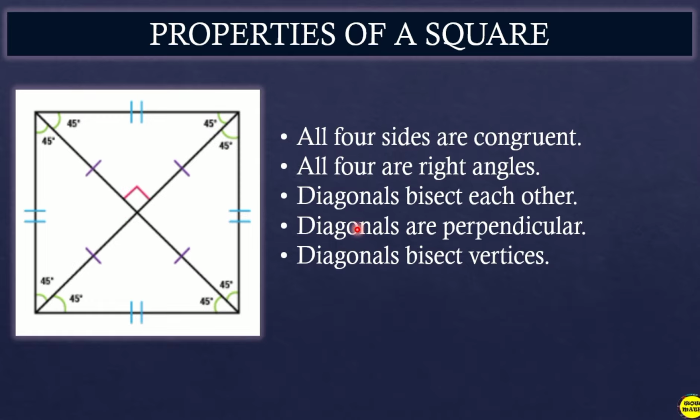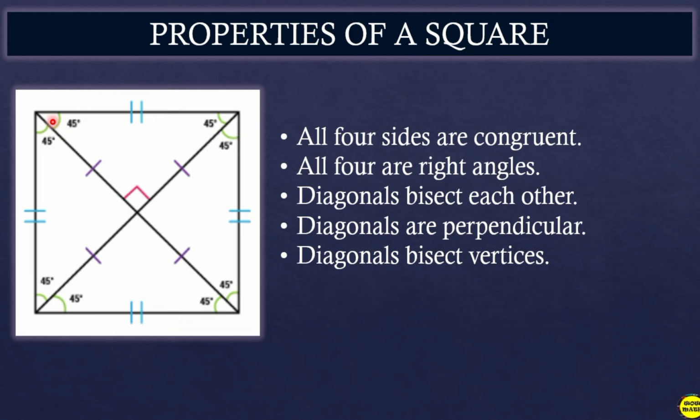Diagonals bisect vertices. Ibig sabihin din, class, yung diagonals din ng square nagbabisect ng angles at each vertex. Itong diagonal na to, binisect niya itong angle na to in this vertex. Since 90 degrees ito, hinahati niya yung angle na to into two equal angles.